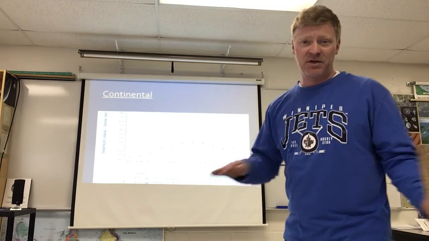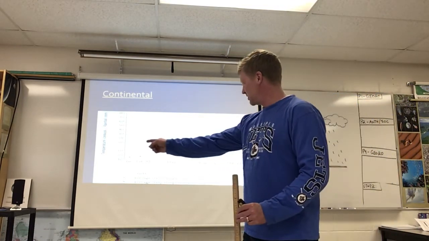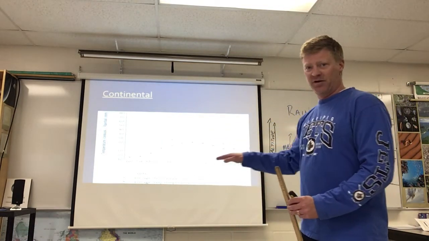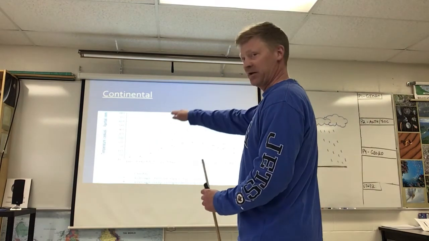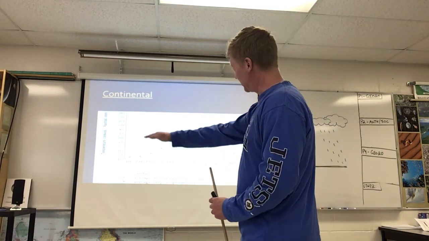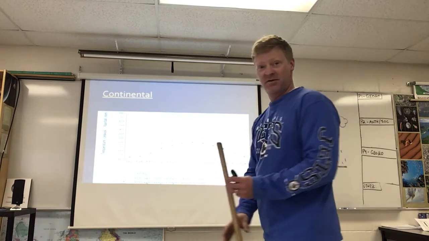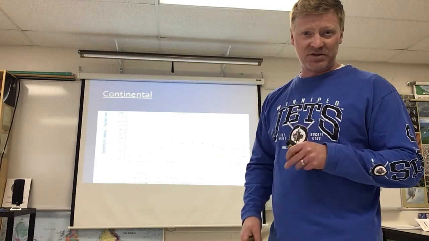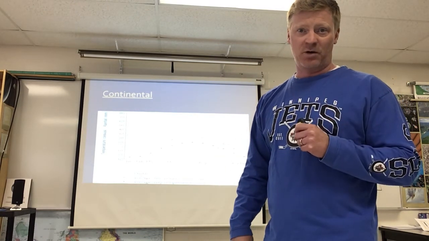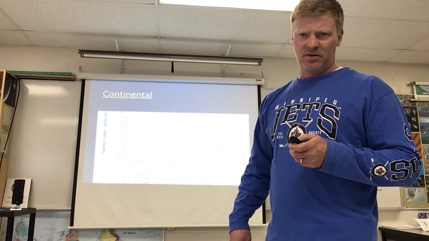Closer to the winter time. So this is from January to December, and temperatures go like this. Precipitation goes like that. When do continental places get more rain? When it's warm. Okay?